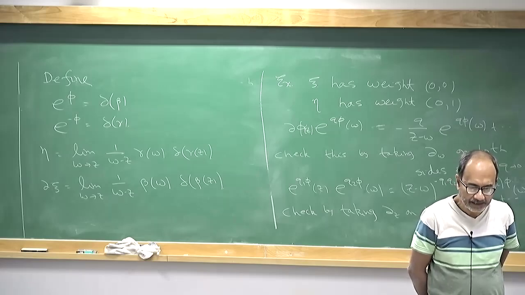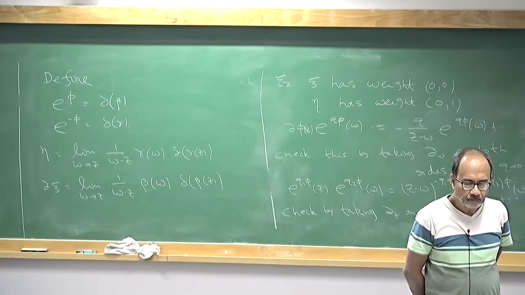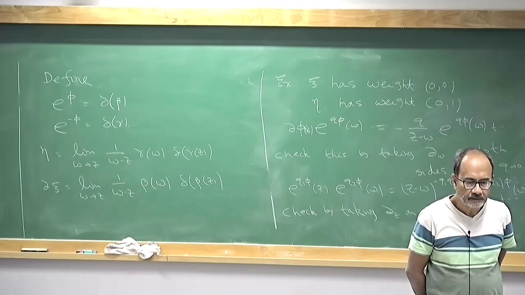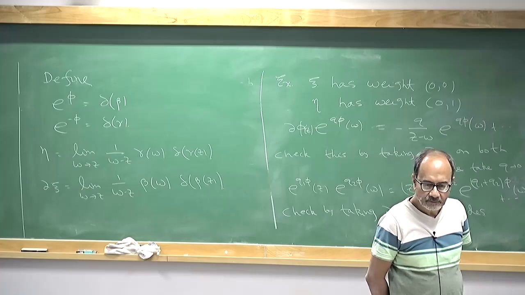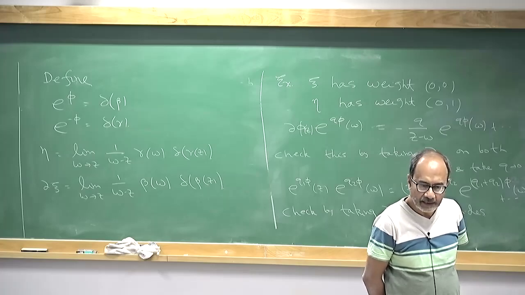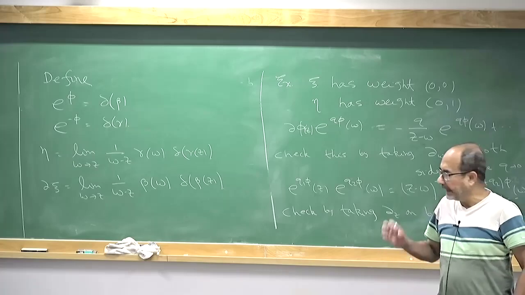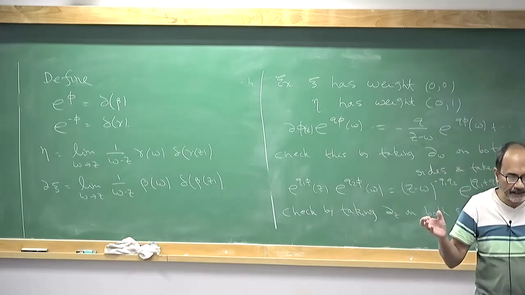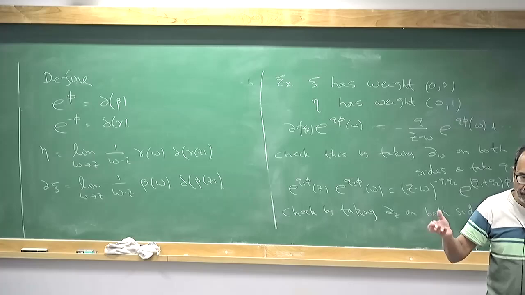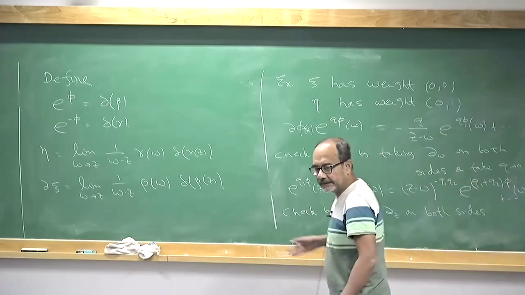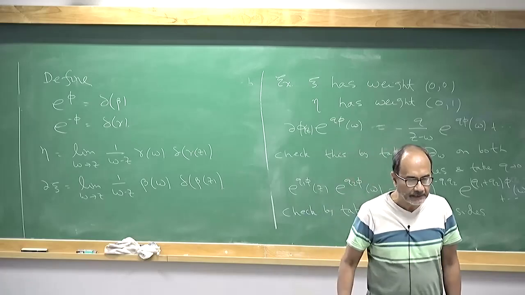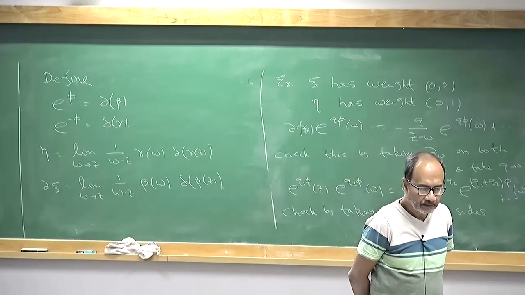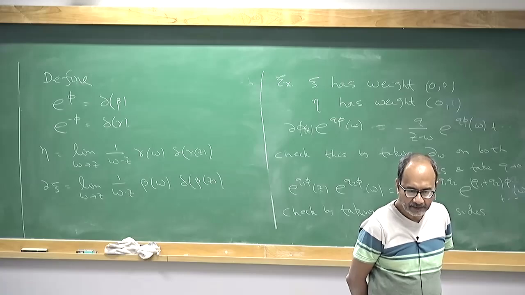So the zeta system will not be there. But you are indeed right, you can write B as e to the phi and C as e to the minus phi, and that phi will have a different k in the expression of the energy momentum tensor. So the central charge is 26. And you can rewrite things that way. But that will be a more trivial kind of change of variable.